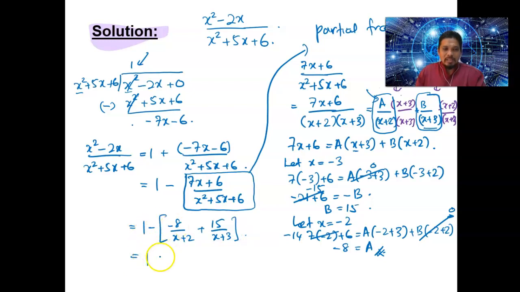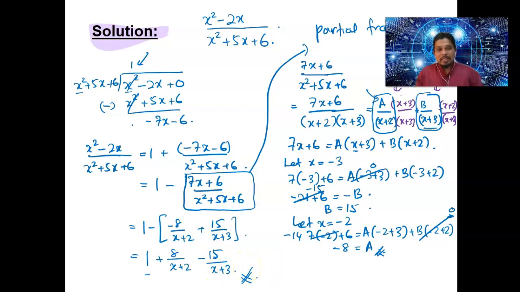Negative times negative equals positive, so plus 8 divided by x plus 2 and minus 15 divided by x plus 3. Okay, there you go. So x squared minus 2x divided by x squared plus 5x plus 6 equals 1 plus 8 divided by x plus 2 minus 15 divided by x plus 3.